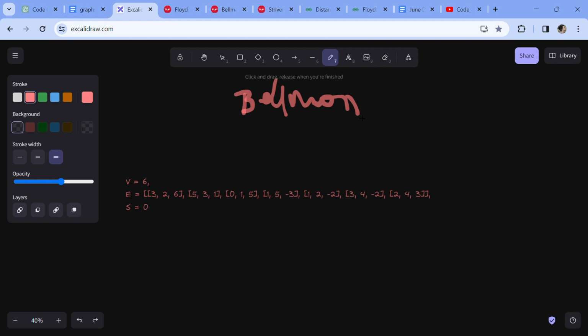Bellman-Ford is another algorithm used to find the minimum distance from the source node to all nodes of the graph.